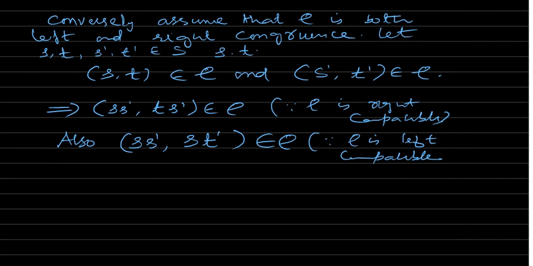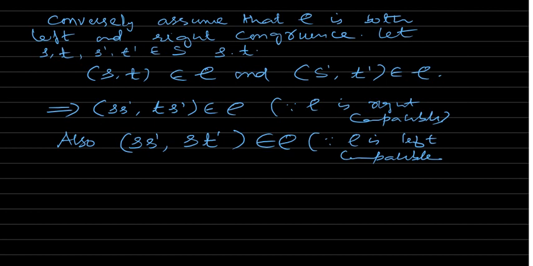So since rho is transitive, we need to show that ss dash and tt dash are related.